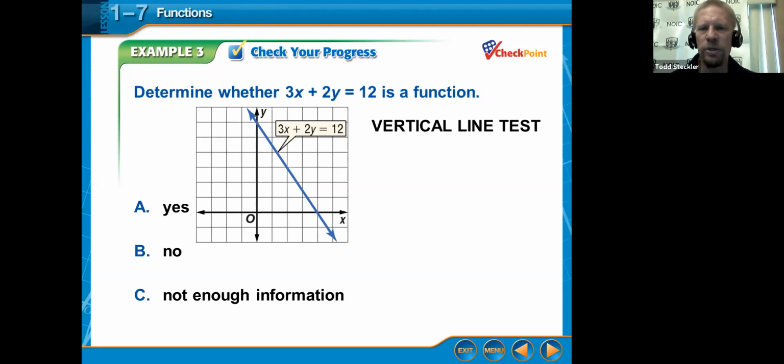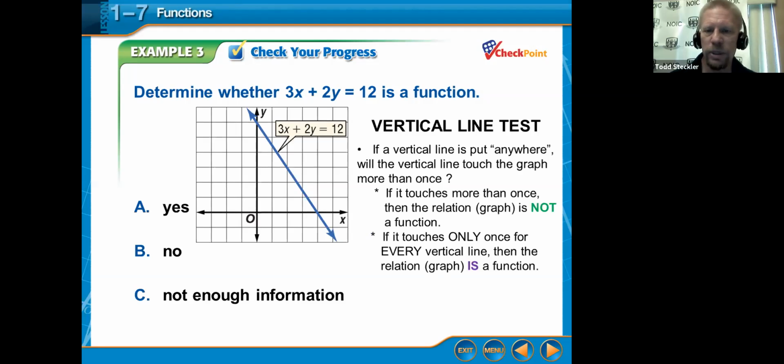And this is what you can use to determine if a relation that's presented as a graph is a function or not. It's really a question that you ask yourself. You say, okay, if a vertical line is put anywhere, will the vertical line touch the graph more than once?